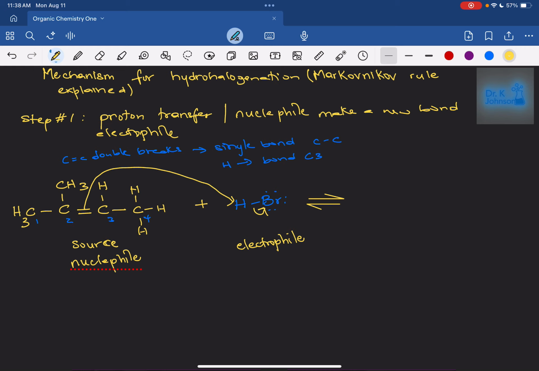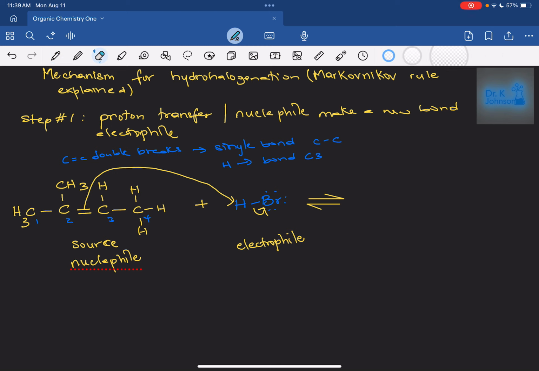Or look at it another way. Hydrogen can't have two bonds. So when hydrogen makes a bond with this carbon, you must break the bromine away because hydrogen can't look like this. We chemists will lose our minds if we see this, okay? It cannot have two bonds, so you must break the bond, all right?